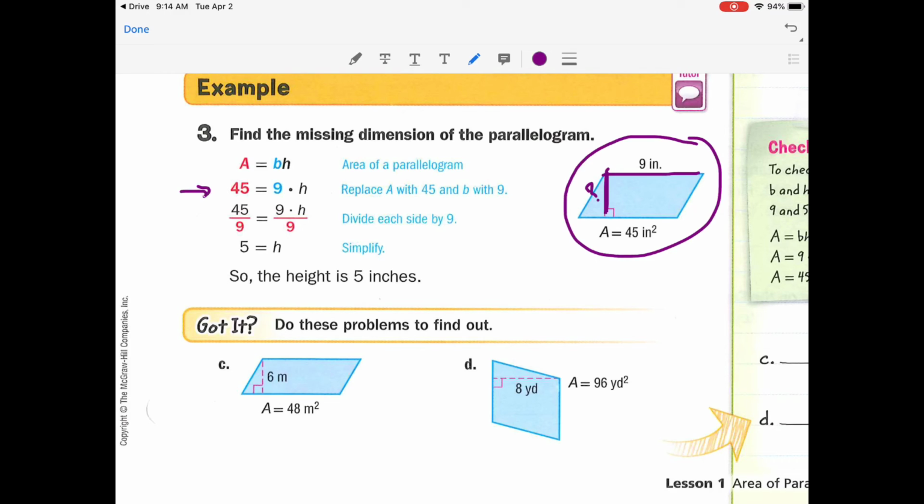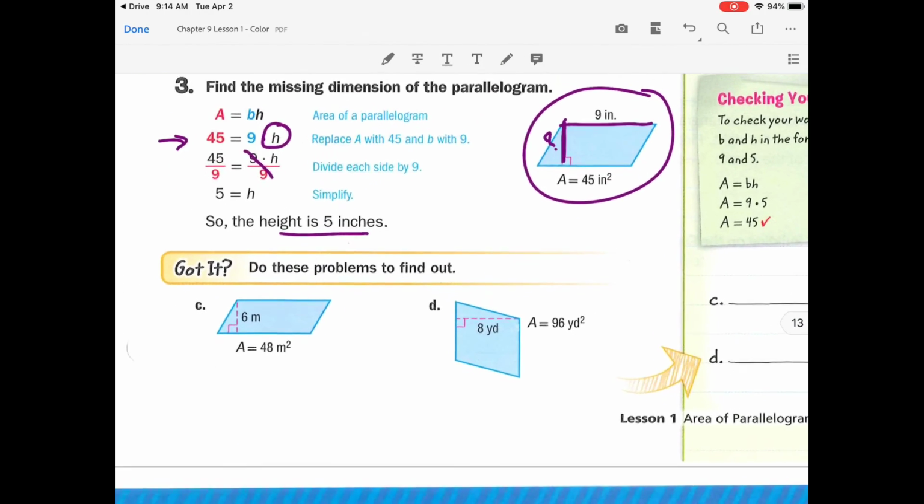So what we did here is we replaced my A with 45, we replaced my B with 9, and we left H the same. So since we're multiplying by 9, the inverse operation, because we want to get that H by itself, is to divide by 9. 9 divided by 9 is going to leave me with H. 45 divided by 9 is going to leave me with 5. So the height is 5 inches.